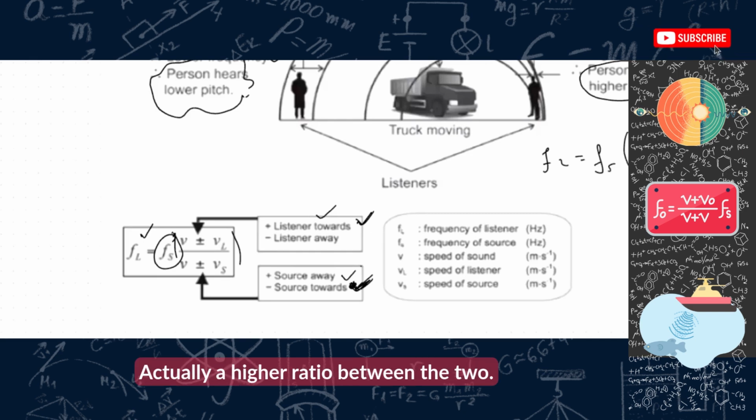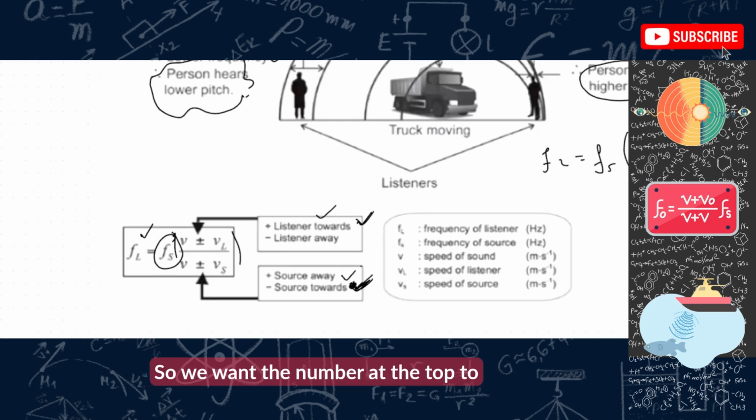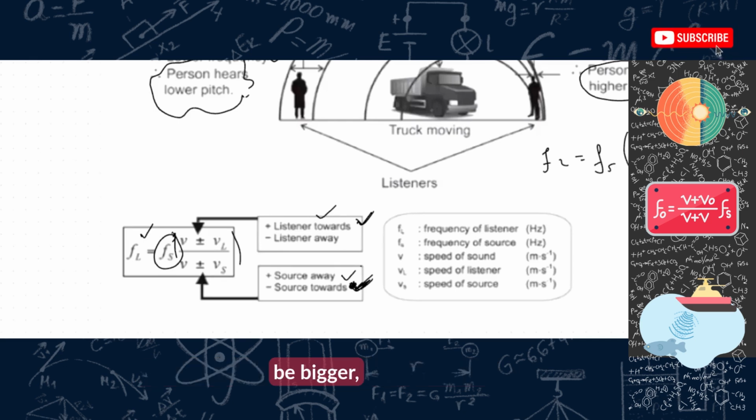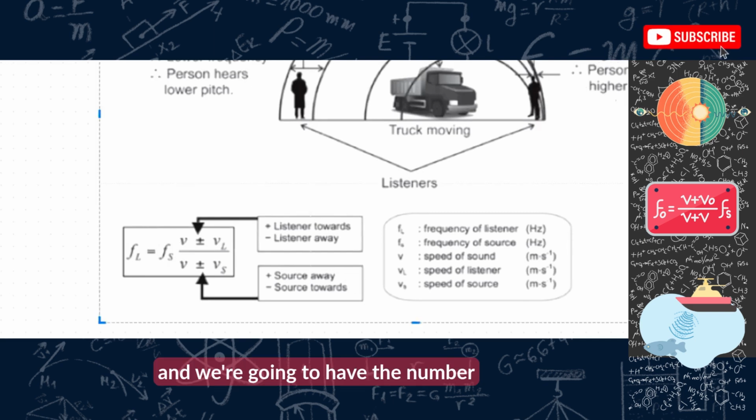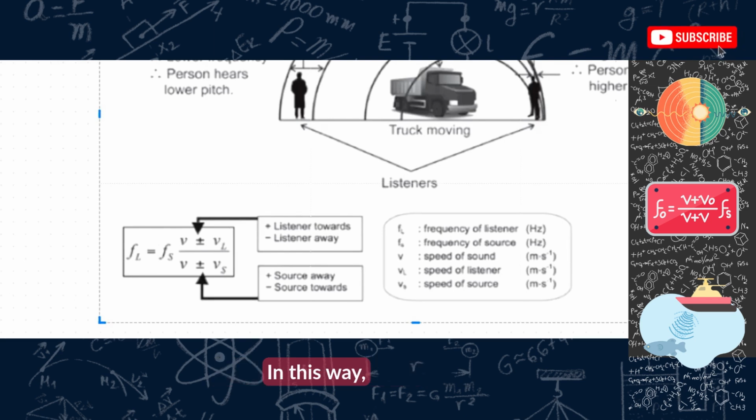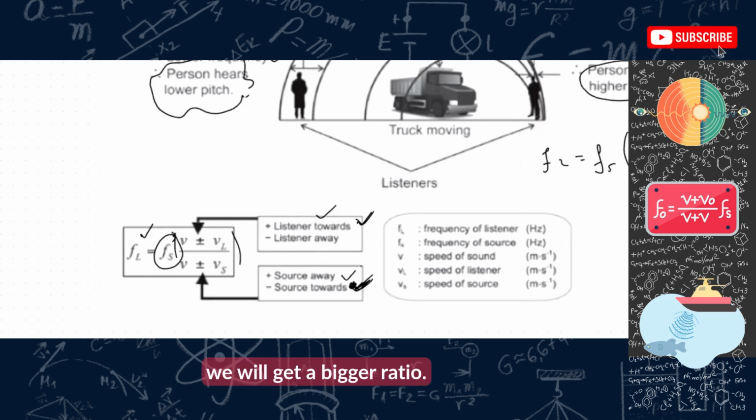So we want the number at the top to be bigger, and we're going to have the number at the bottom be lower. In this way, we will get a bigger ratio. Therefore, the listener is going to hear a frequency that is higher than what the source is emitting.